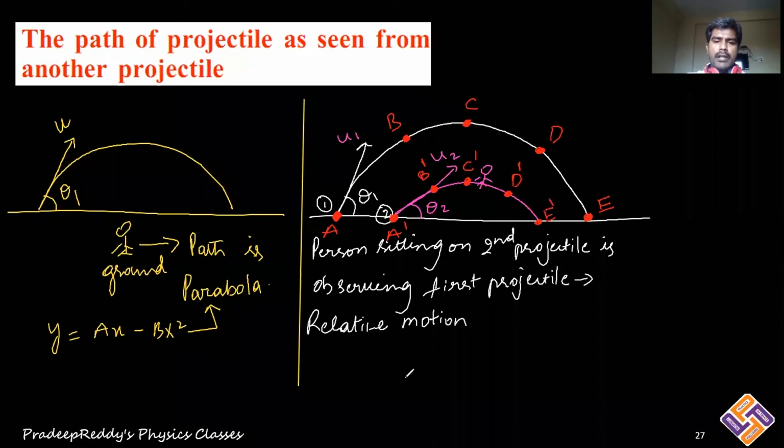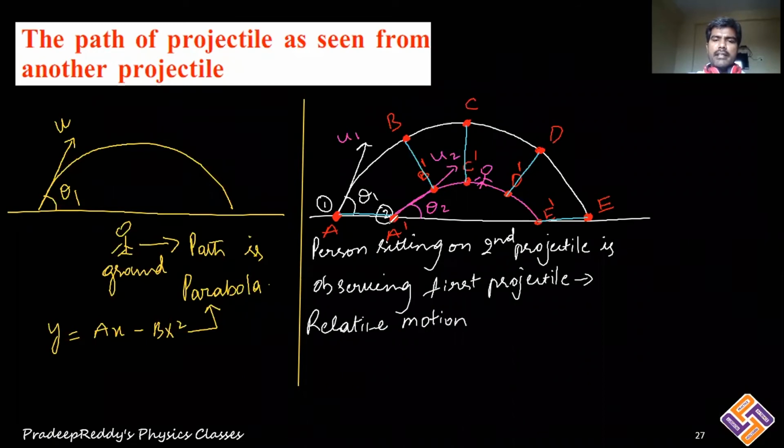Now at different instants of time you are observing the projectile from the second reference: first A dash, second B dash, third C dash, fourth D dash, and fifth E dash.